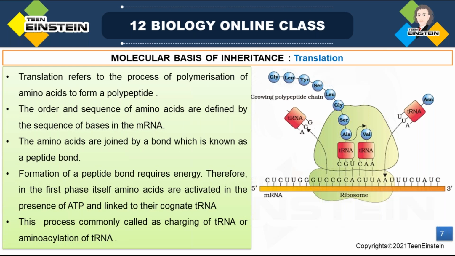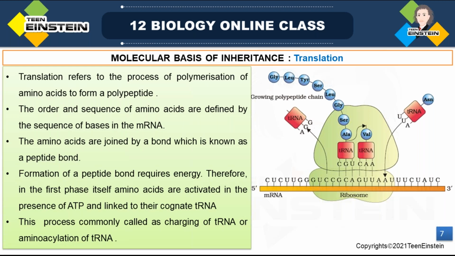So, the order and sequence of these amino acids, how is it getting decided? We said there are so many amino acids and the polymerization of these amino acids is the protein synthesis. So how is the order and sequence of amino acids getting decided?